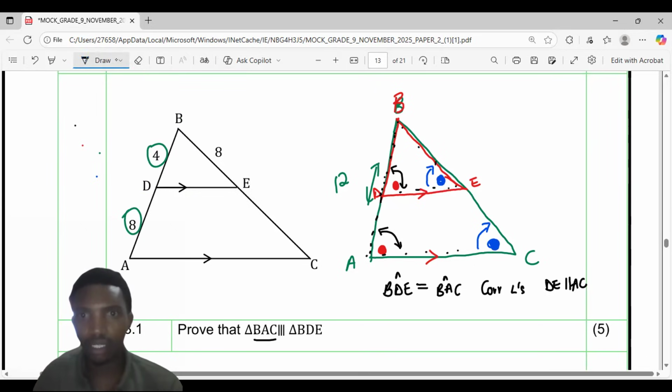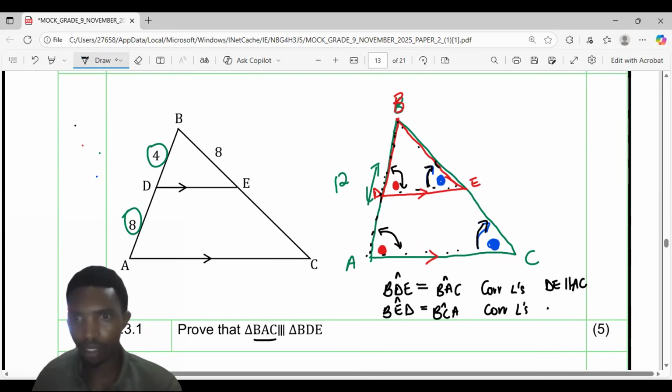This one here is BED, and this angle here is BCA. They are corresponding angles because DE is parallel to AC.